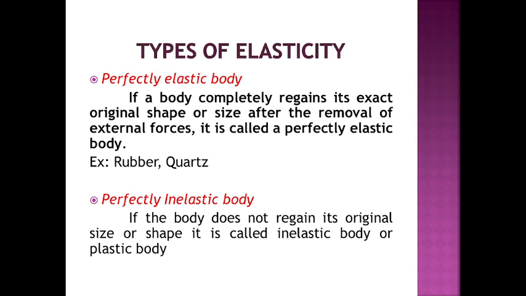Then a perfectly inelastic body: if the body doesn't regain its original size and shape, then such kinds of materials are called perfectly inelastic, or we call it a plastic body. Examples are clay and wax.